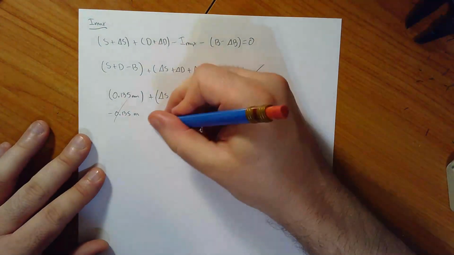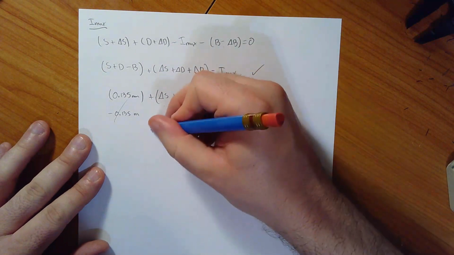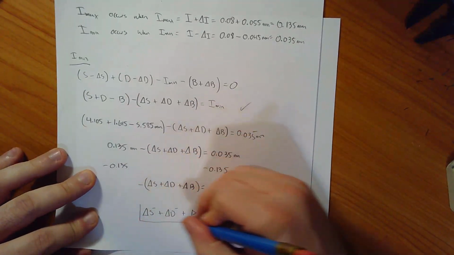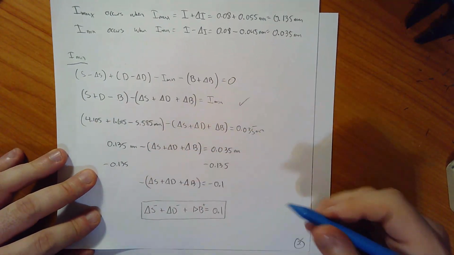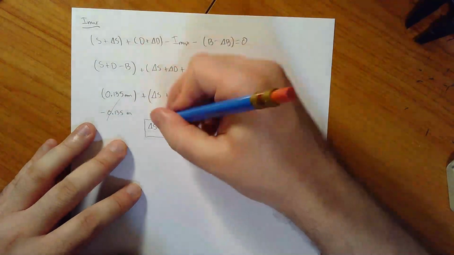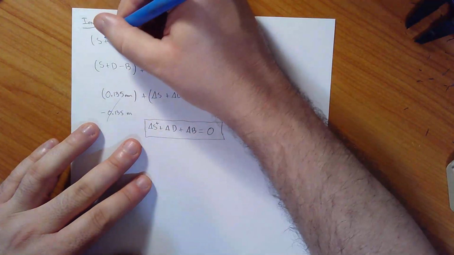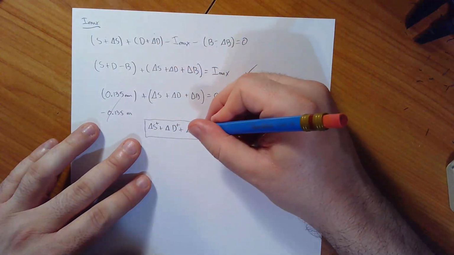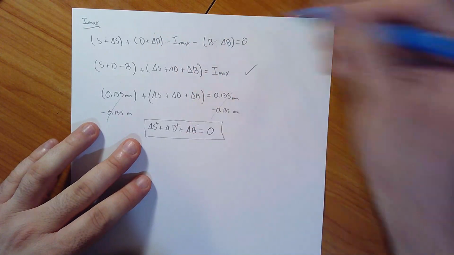Okay, so let me put this in a box, and let me dial back to my 2 prime. The one thing that I have to remember is to look back here, and this is going to be S plus, right, because it was the plus side. This is going to be D plus because it's the plus side, and this is going to be B minus because it was the minus side.